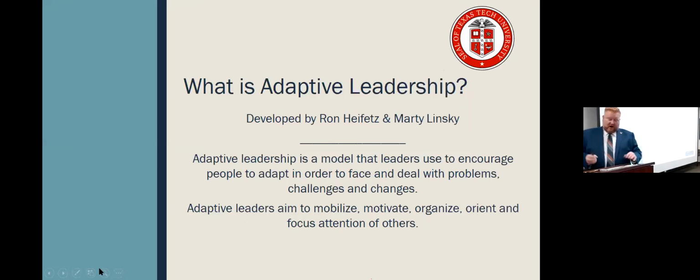I think adaptive leadership can be used to look at a lot of challenges, issues, and problems that you may be having with an organization or with the community.